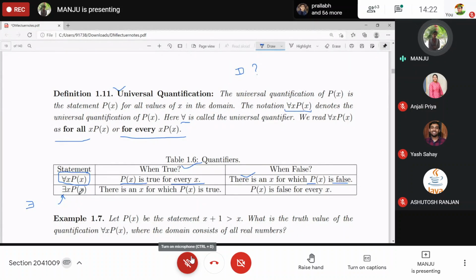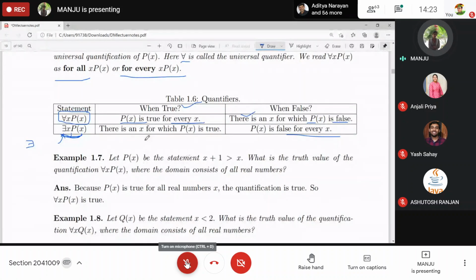It is true if P(x) is true for even a single x, at least one x. And when will this be false? When it is true for no value, that is, for all values of x it is false. Then the statement will be false.